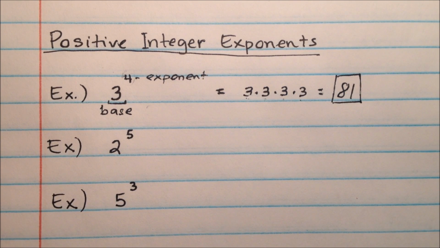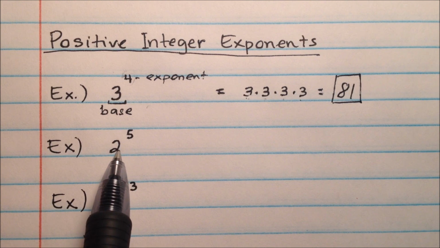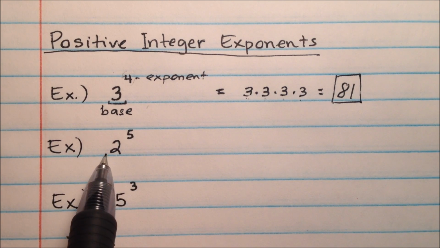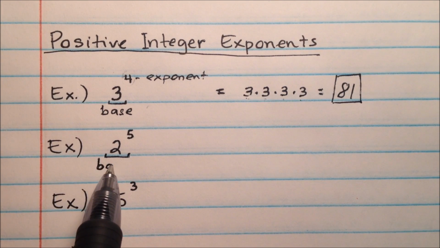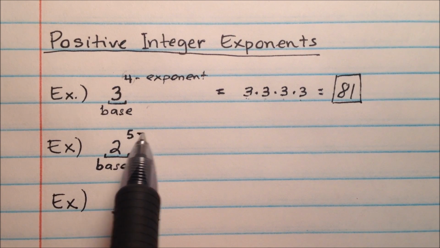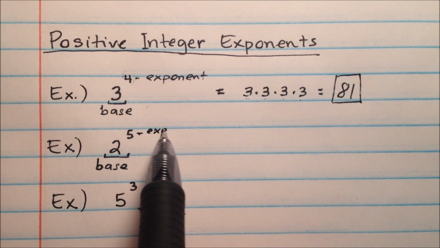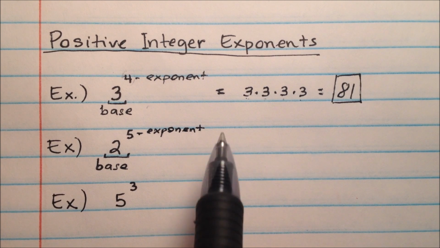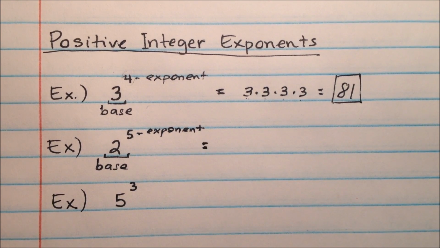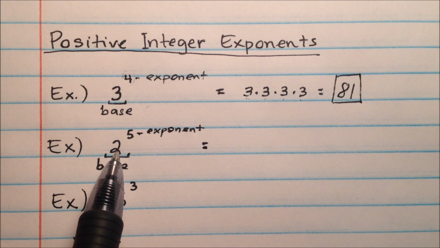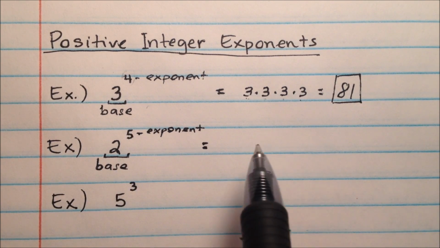So in the next example, we have 2 to the power of 5. Again, 2 is going to be our base, which means 2 is the factor that we're multiplying over and over, while 5 is going to be the exponent, the number of times that 2 will be multiplied by itself. So 2 will be multiplied by itself 5 times.